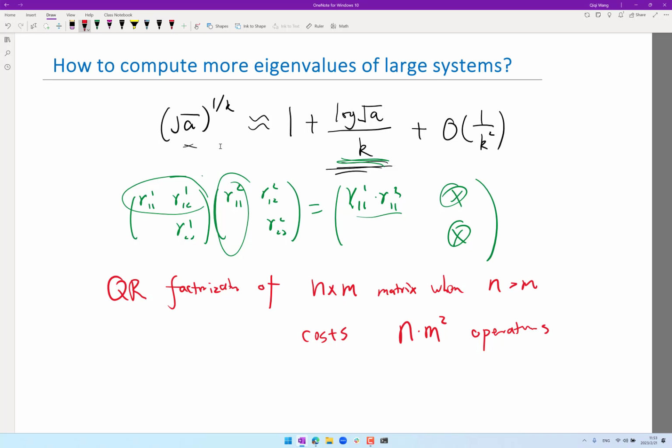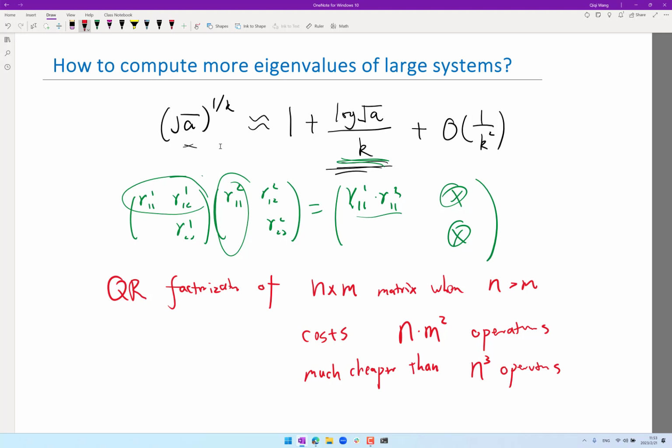Okay, so basically what I'm saying is that when n is very large, particularly much larger than m, doing this is much cheaper than n cubed operations, which is what's required for computing the QR factorization of the entire square matrix, right?